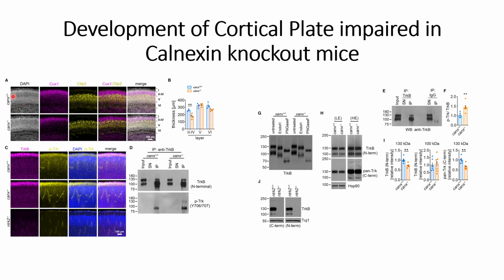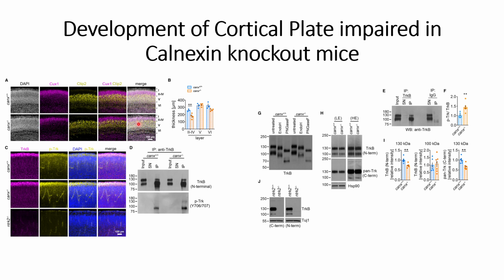When calnexin is present, they can see that the signals for both CUX1 and CTIP2 are normal. However, when calnexin is absent, they can see a reduction in the signals for CTIP2, and also some reduction in CUX1.